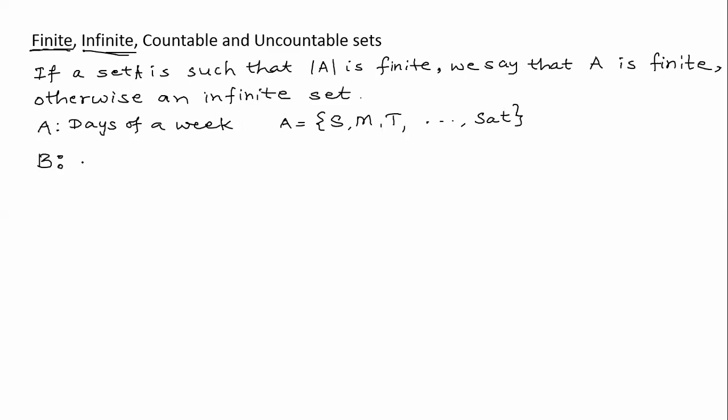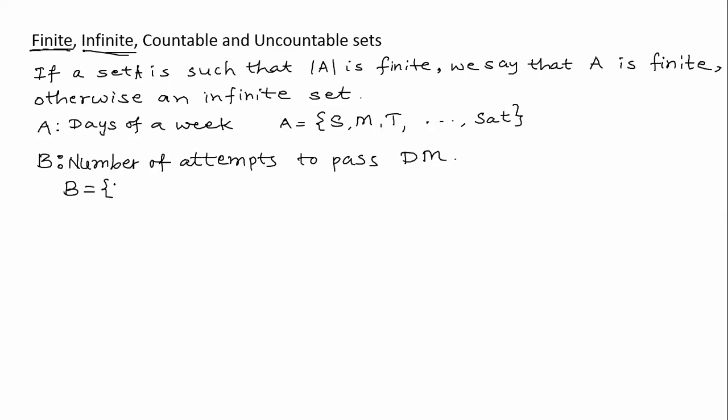Now B, I define it as the number of attempts to pass the discrete mathematics paper. Okay, so we are going to take care of every possibility. This is your first attempt.